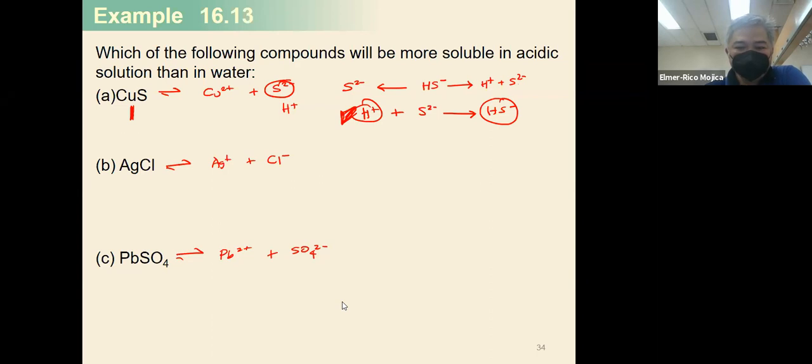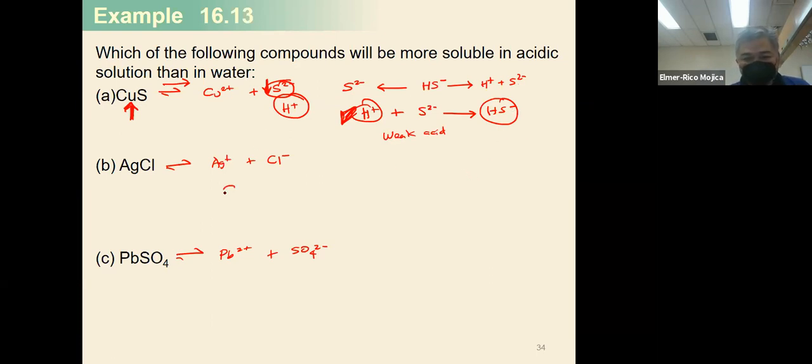Based on this, if you follow what I'm talking about, since your S2 minus reacted with the H plus, this will decrease, resulting in the forward reaction being favored and the solubility of copper sulfide increases. This only happens when you have a weak acid. As you could see, the HS minus that you have there is a weak acid.